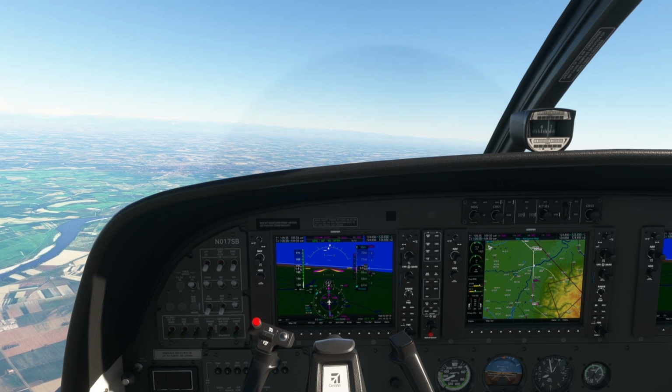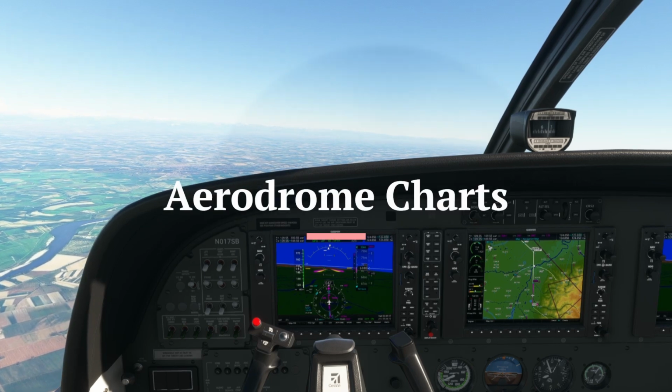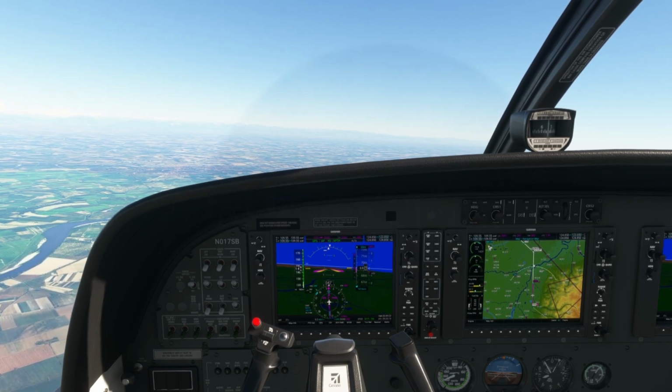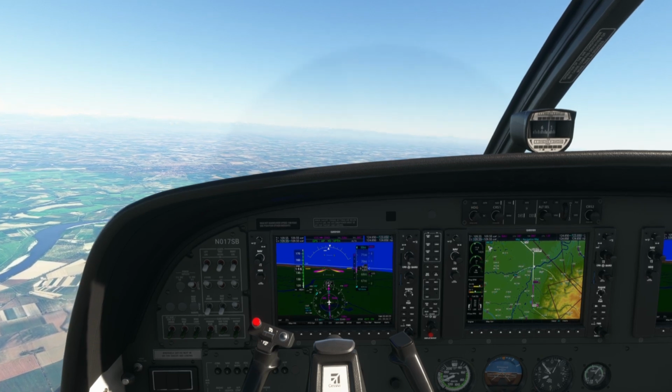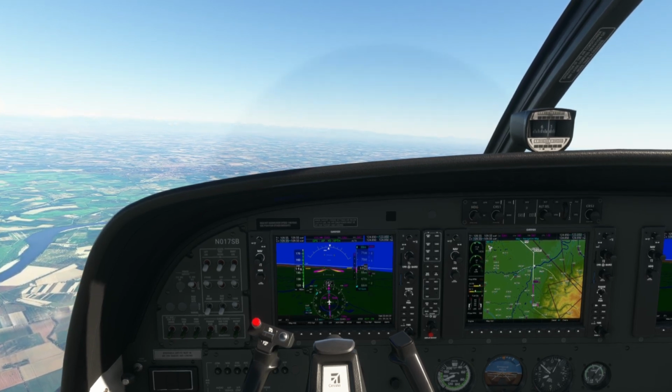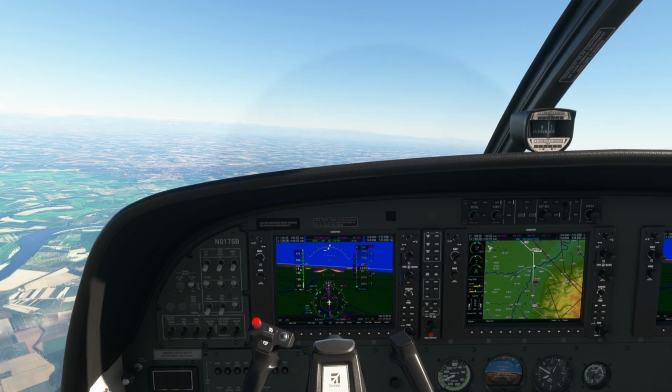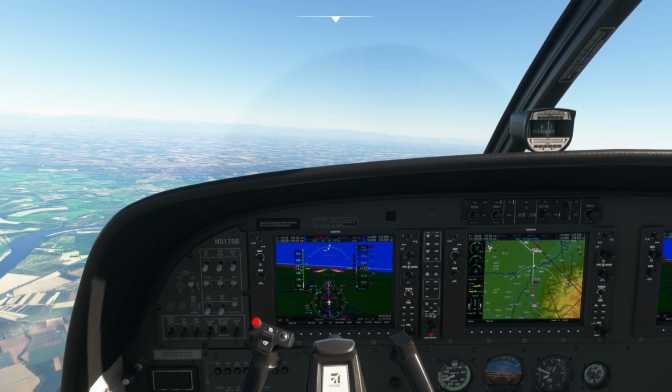You also need to check the aerodrome charts, which Jeppesen has, and if you have Navigraph, well, that is great. You need to use it. You also need to check the airspace regulations.